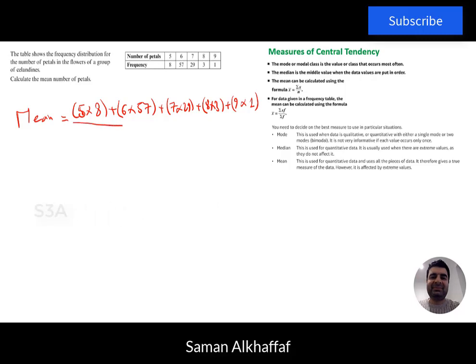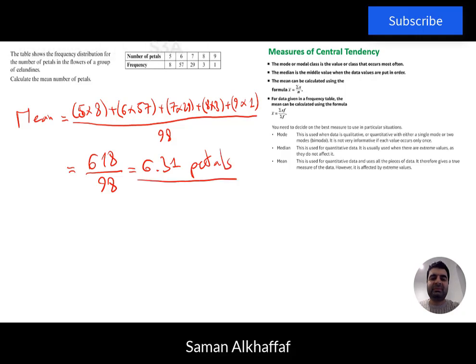So in this scenario, all will be divided by the total frequency, which will be 98, as we add all the frequencies together. So we say the mean will be equal to 618 divided by 98. So that will give us 6.31 petals, and this will be our answer for this.